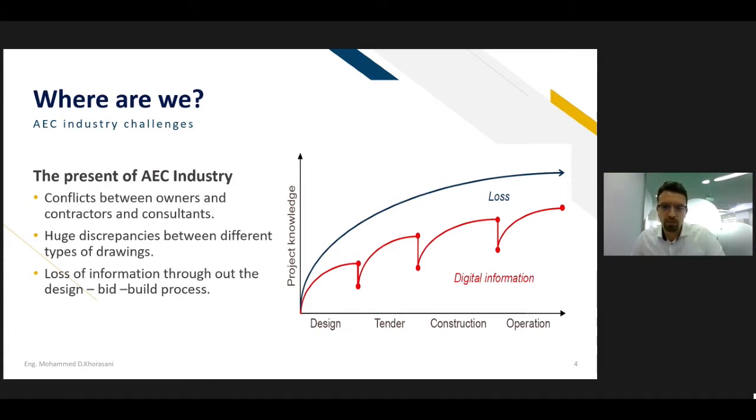After that, when we start the construction, after appointing the contractor, we will have other losses because the project moves from one party to another, from the consultant to the contractor, from the contractor to the subcontractor, and it will be really a headache if the work is not organized very well. And here the conflict starts.